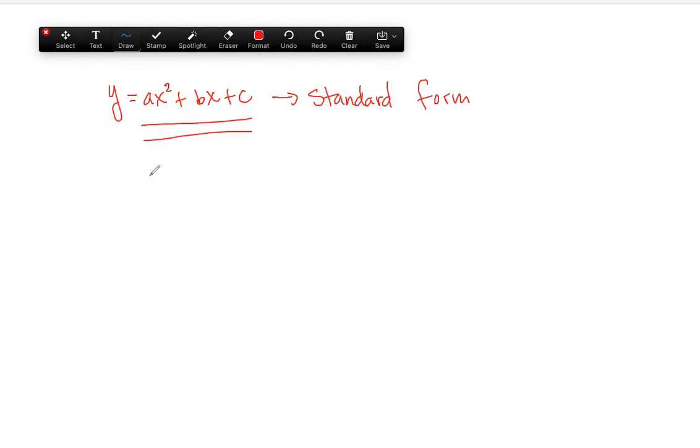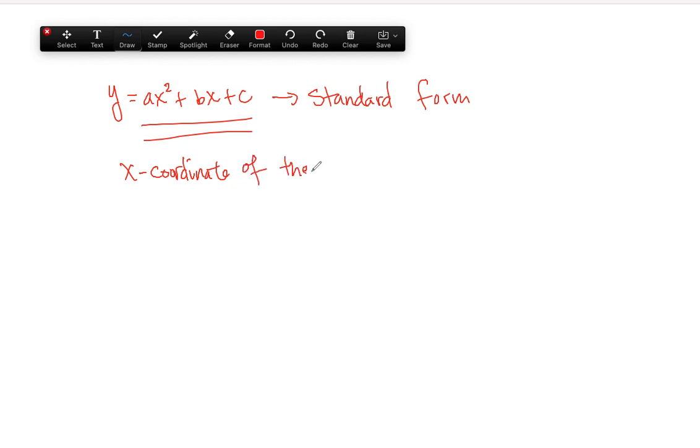So in the standard form, how do you find the x-coordinate of the vertex, meaning h? Well, wouldn't you... It's okay.